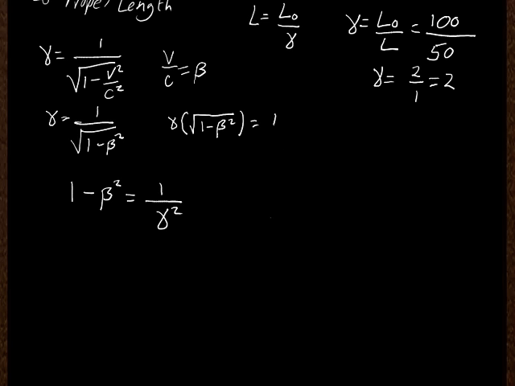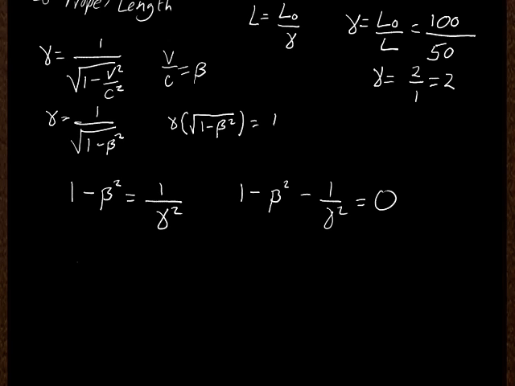Next step. I'm going to bring the 1 over gamma squared onto this side. So I'm going to take 1 over gamma squared away from both sides. That'll leave me with 1 minus beta squared minus 1 over gamma squared equals 0, and then I'm going to add beta squared to both sides.